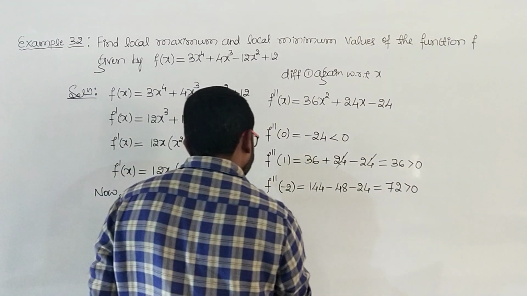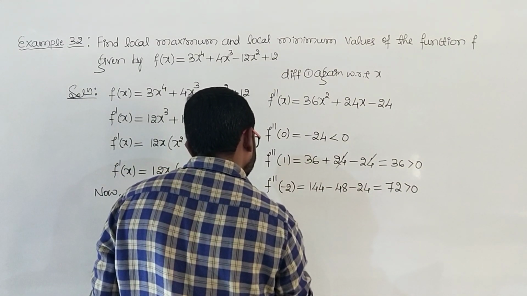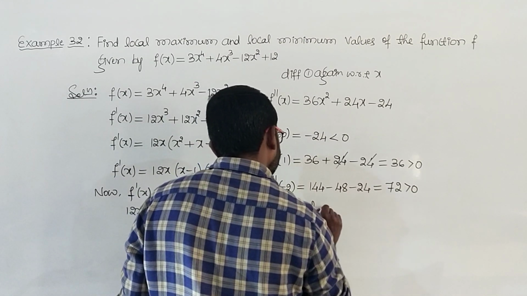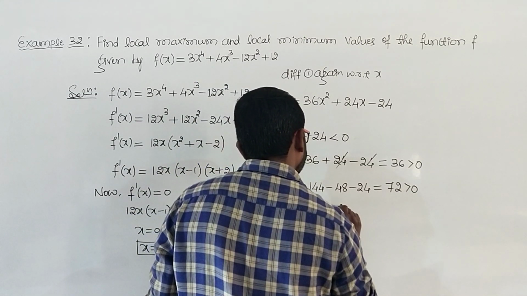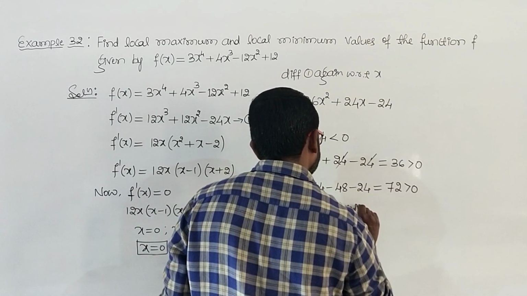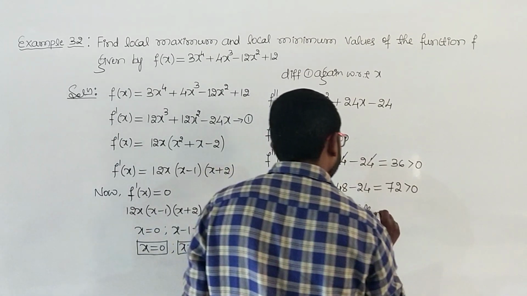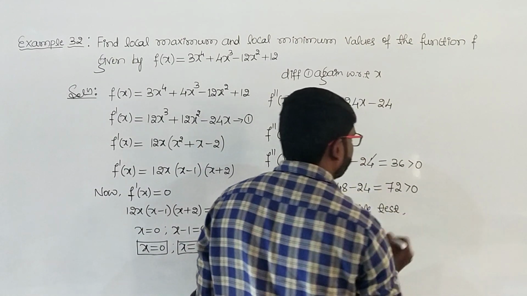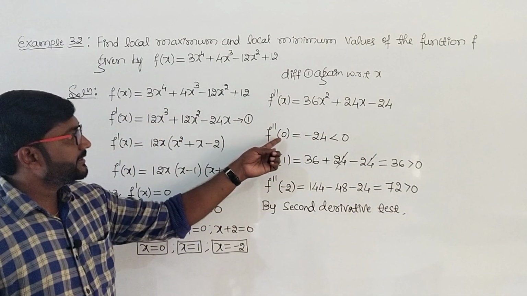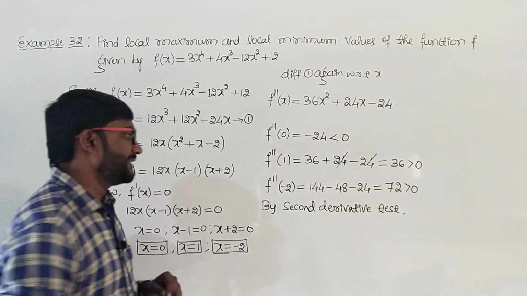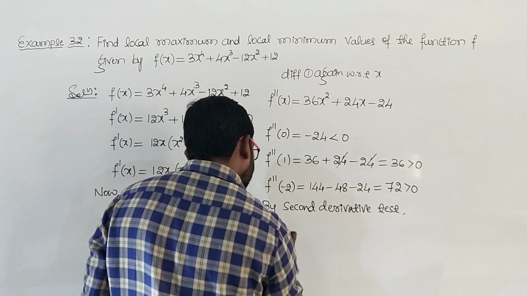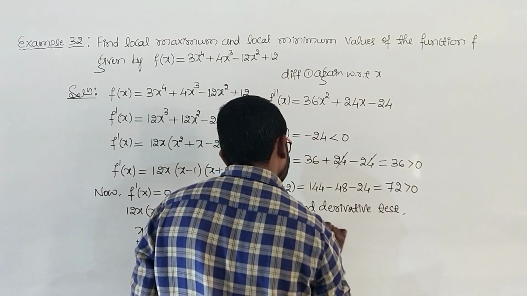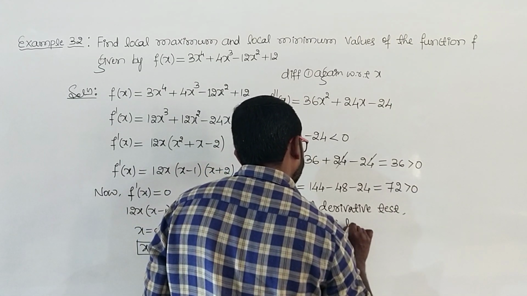So by second derivative test, x equal to 0 is a point of local maxima.